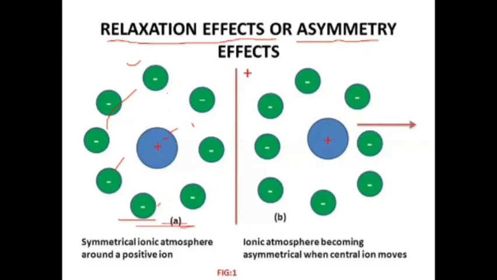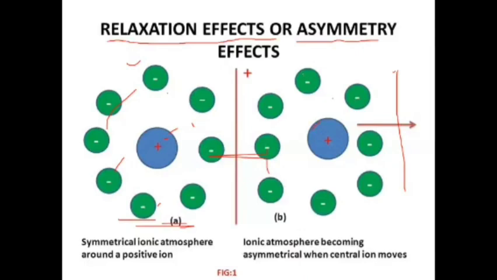When you pass the current through the solution, then what happens? The ions move towards the oppositely charged electrodes. See this, for example, that's the central ion. The central ion moves in one direction, and the surrounding anions move in the opposite direction.